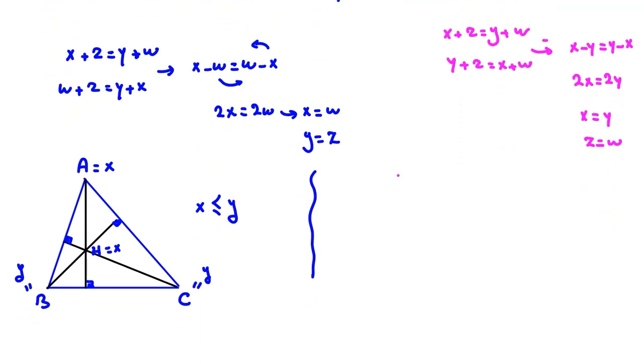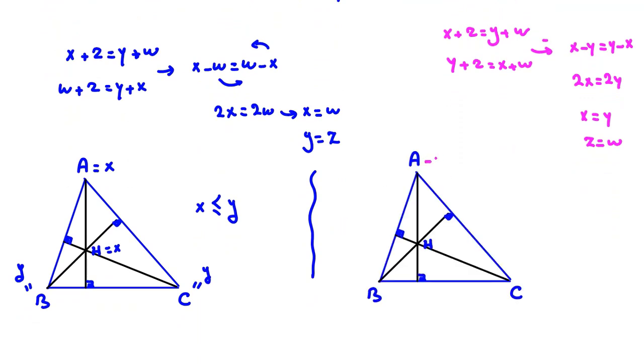So if we draw the triangle, here we can say, okay, A is X, B is also X, so C is Z, and H is also Z. So in this case, as you can see, always two of the vertices are equal, and the orthocenter equals the last one.